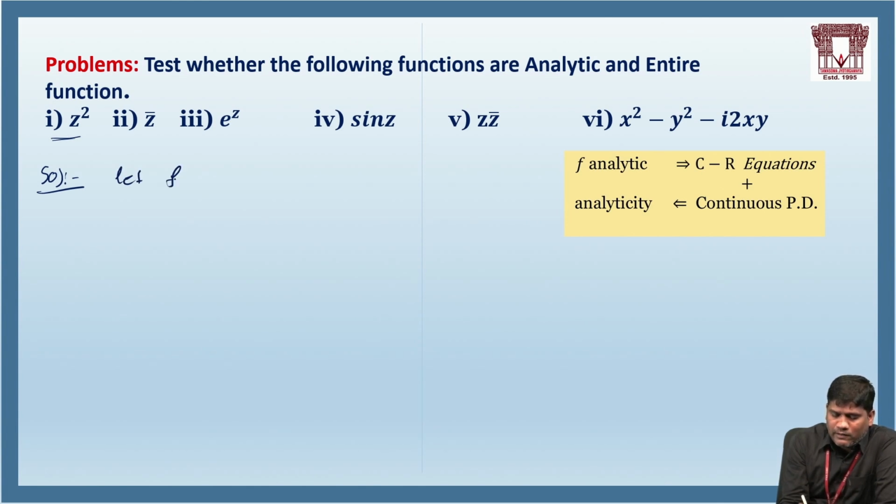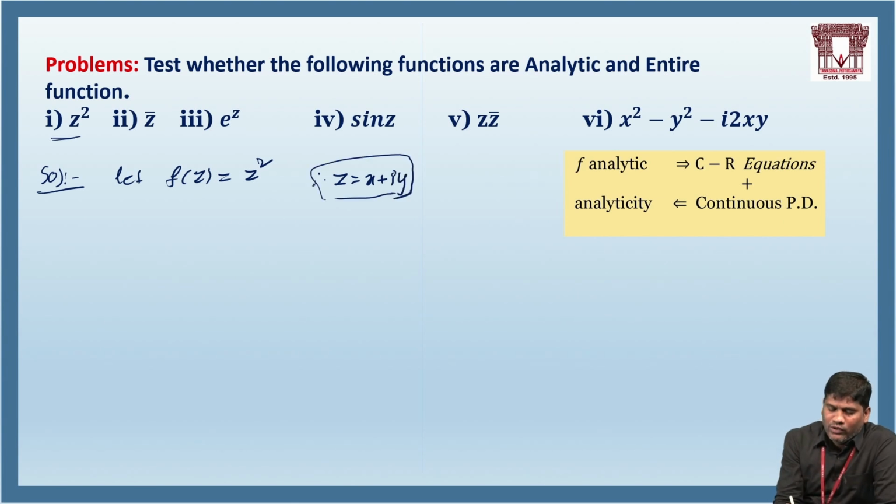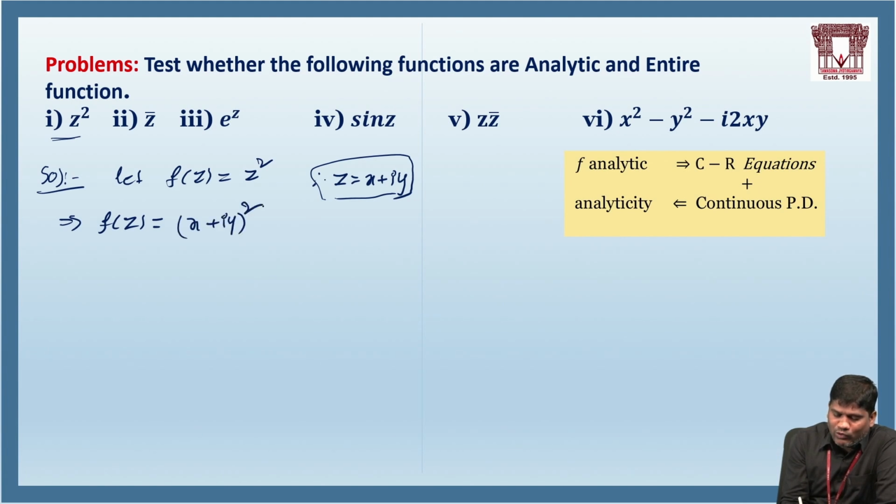Let f of z is equal to z square, where z is equal to x plus iy. This is a complex variable in the Cartesian form. Now we substitute this here, then we get f of z is equal to (x plus iy) whole square.